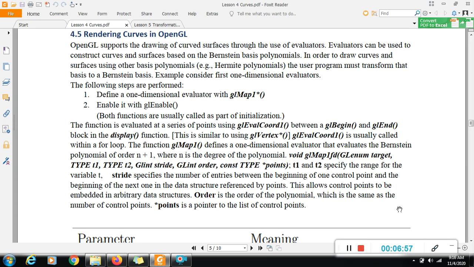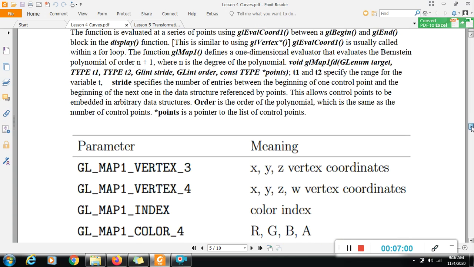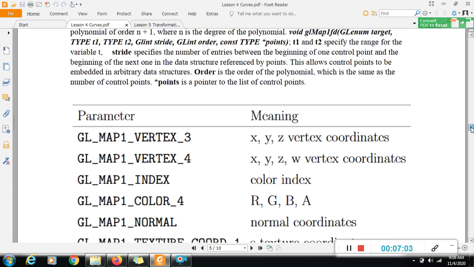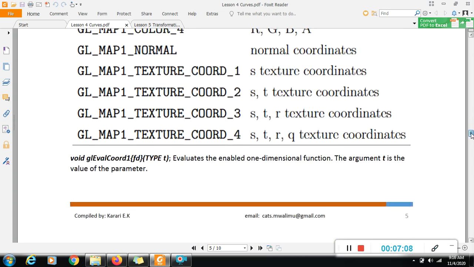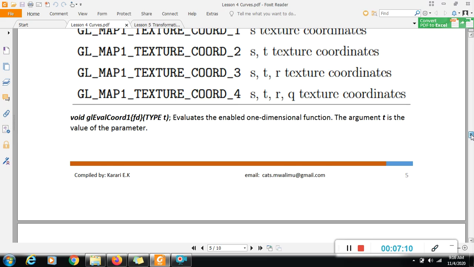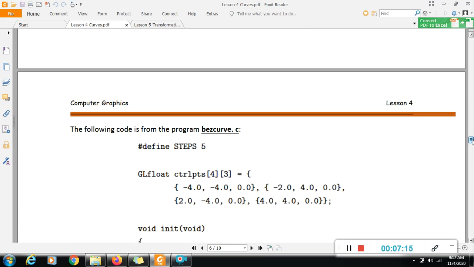And that will be represented. The other parameters you may see, glMap explained with the vertex coordinates, their meaning, so that you don't get lost when you get to see them.